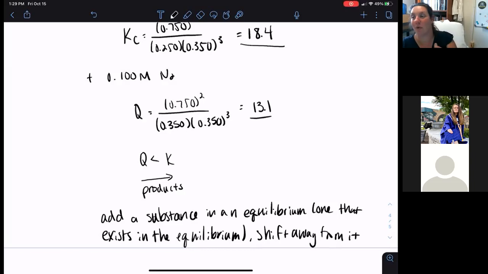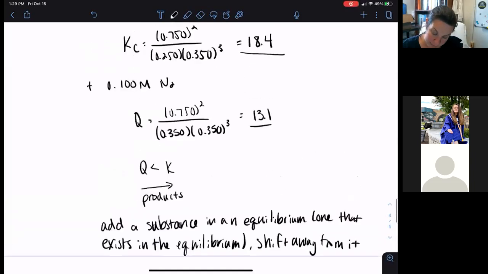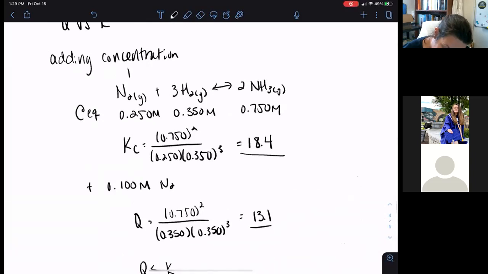So our forward reaction, in this case, would be favored for a short period of time until we reestablish equilibrium. So if we add something here, we're going to shift in that direction. Okay.